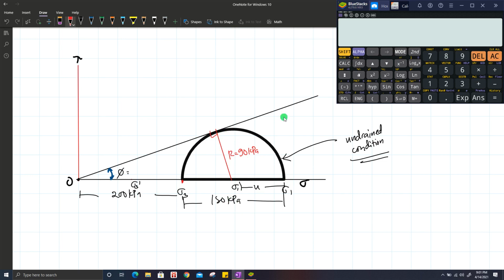So, this is a right triangle. Galing doon, dito sa right triangle na ma-form natin, dito natin masosolve yung angle of internal friction. Since itong distance na to, kapag inadd natin, is just the sum of 200 kilopascal or yung confining pressure and yung radius niya. Kasi ito radius din to from this point to the center. So that's 90 kilopascal.